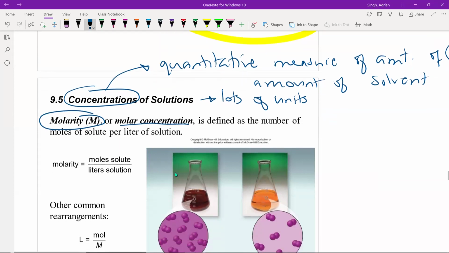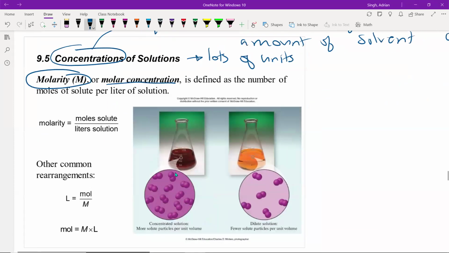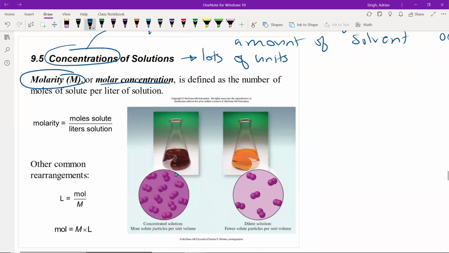And it is critical that we know what this means because we're going to see this, and you've actually already seen this in the laboratory. Whenever you use any solution, there's usually not just the name of the chemical, but also a number that precedes it that tells you the concentration of that particular solution.